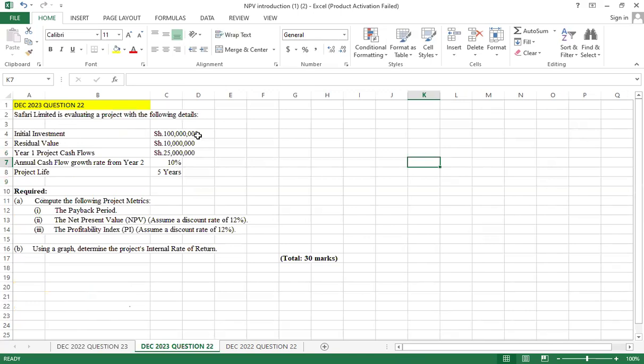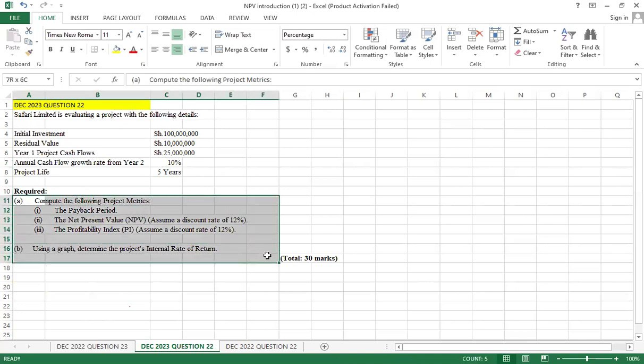A very good example is this question. The question says the project has a useful life of 5 years. We don't know the summarized cash flows for the project for the 5 years. Meaning that before you can compute what we have in part A and part B, can we first of all summarize the cash flows for the project over the useful life, which is how long? Now 5 years.